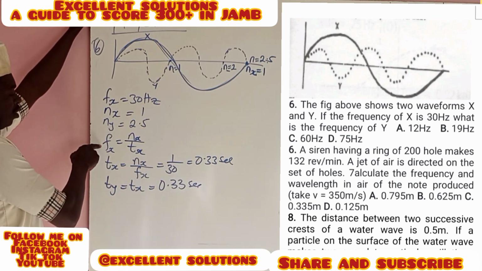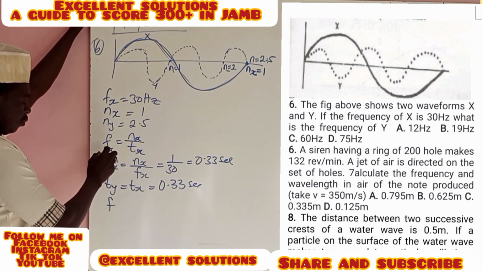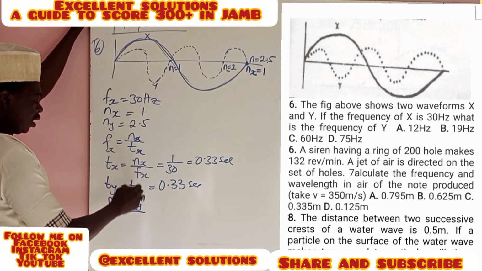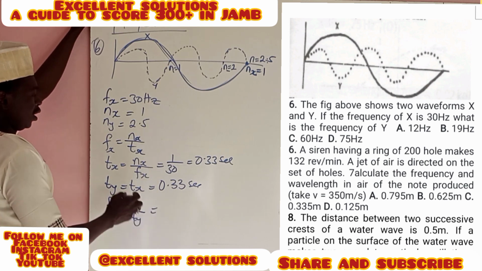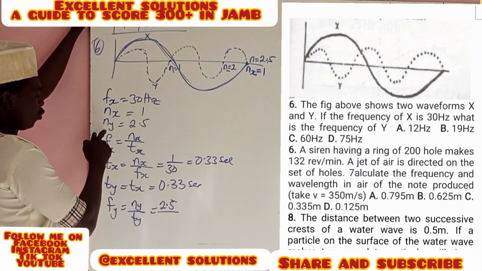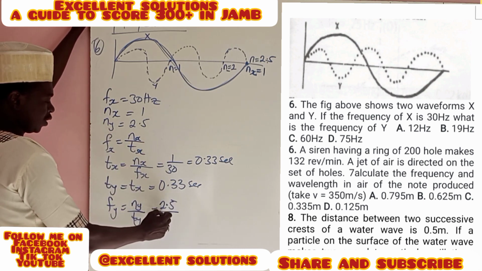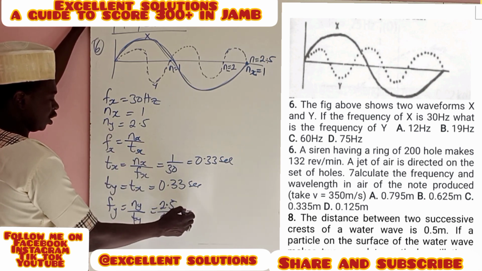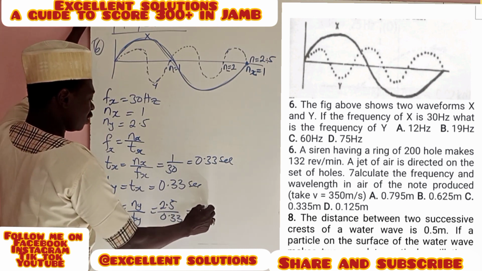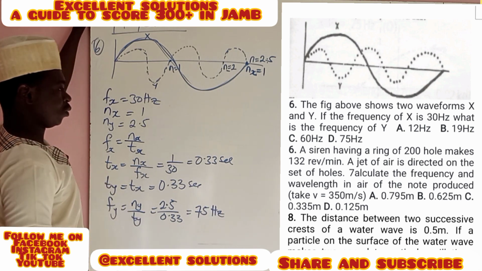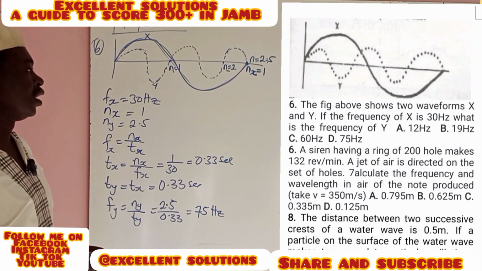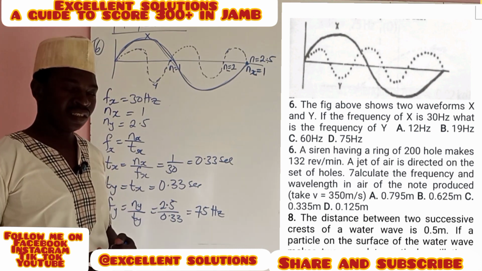So the frequency of y, fy, is equal to the number of revolutions of y over the time of y, which is 2.5 over 0.33. When we divide 2.5 by 0.33, we get 75 Hz. Looking at our options, in option D we have 75 Hz. The answer is option D.